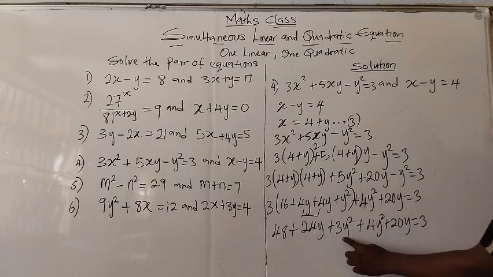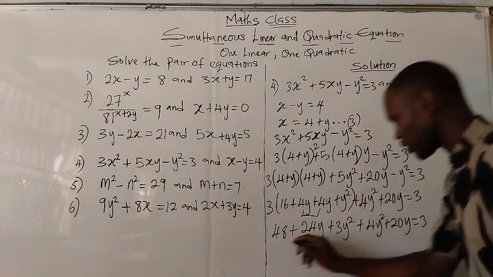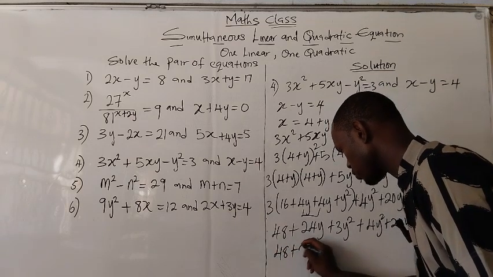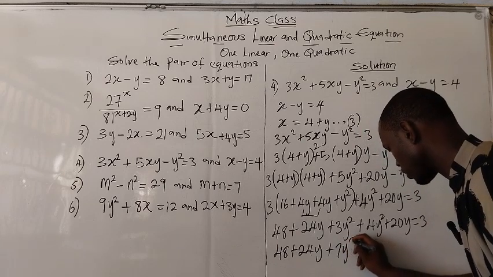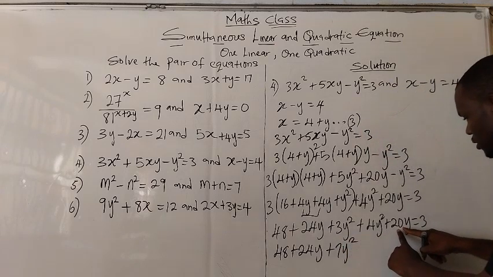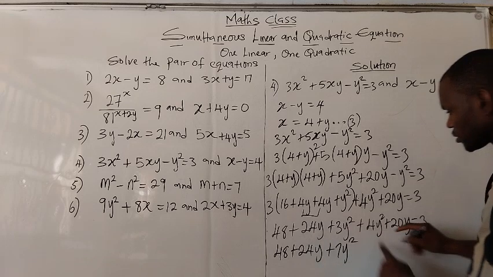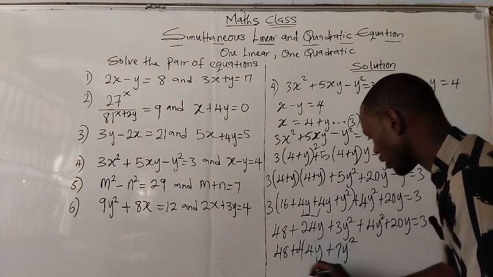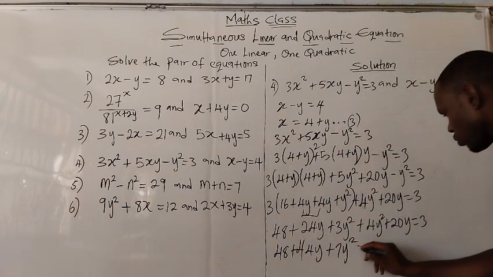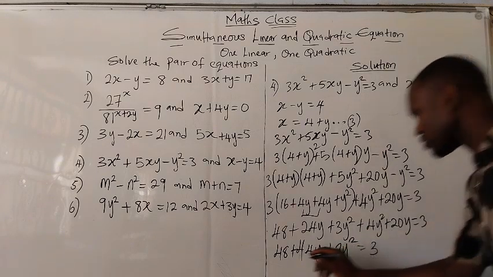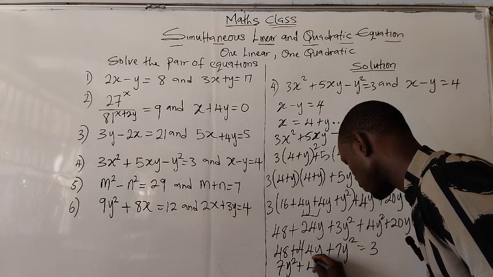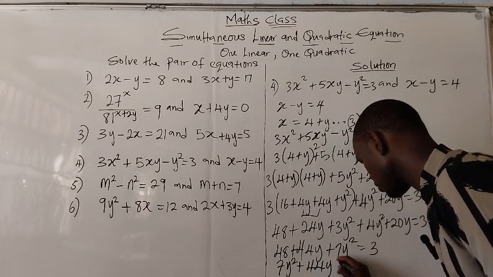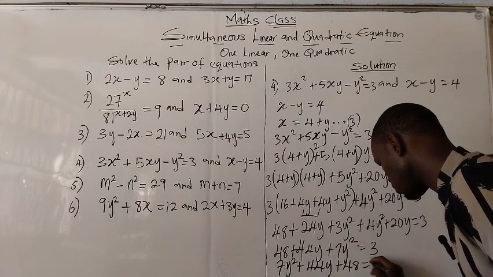Then this and this can add since their powers are the same. So we're having 48 plus 24y plus 7y squared. Okay, we are adding this and this. They are like terms, so I'll be having 44y. Bring down equal to 3. We can rearrange it as 7y squared plus 44y plus 48 equal to 3.